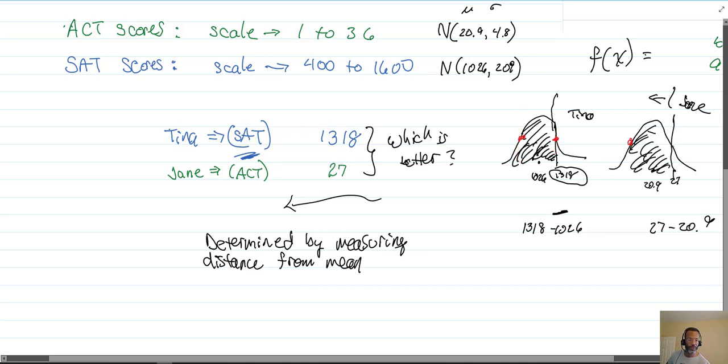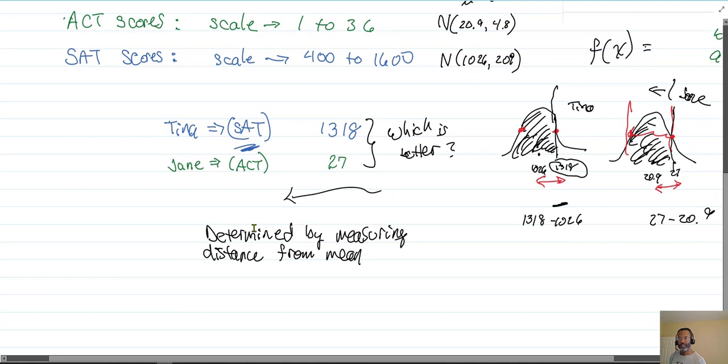And even though the one with Jane is on a different scale, it also has a standard deviation. All right? So what we could do is say, well, how many standard deviations away is that value versus how many standard deviations away is Tina's score? That's one way to start thinking about this. So we need to make sure we scale it. So how could we do that?